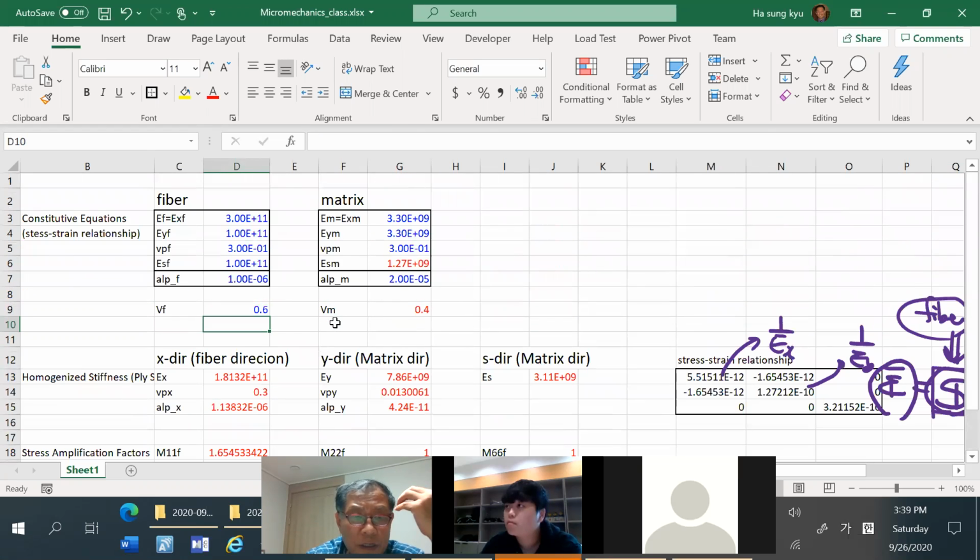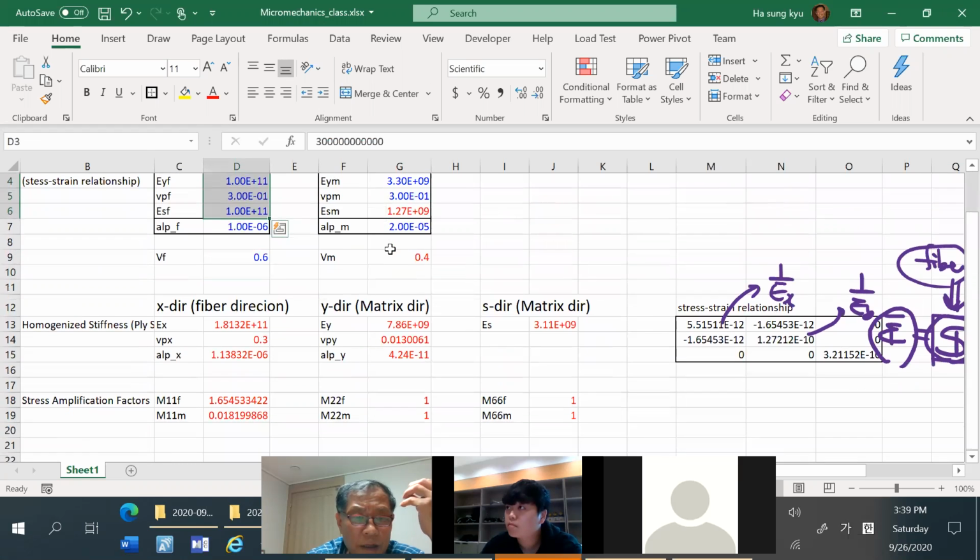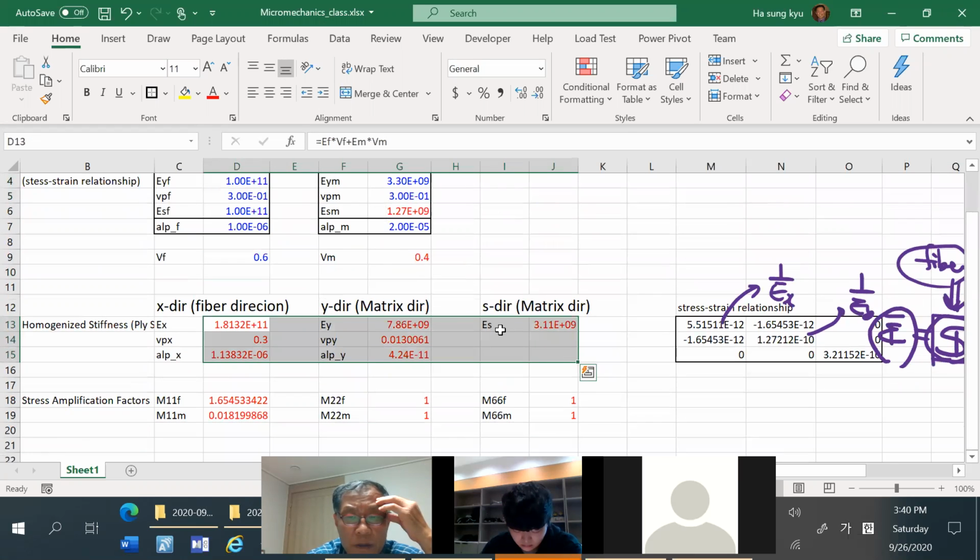So please understand what is given: given the fiber and matrix properties, the output will be the stress amplification factors and the homogenized material properties.